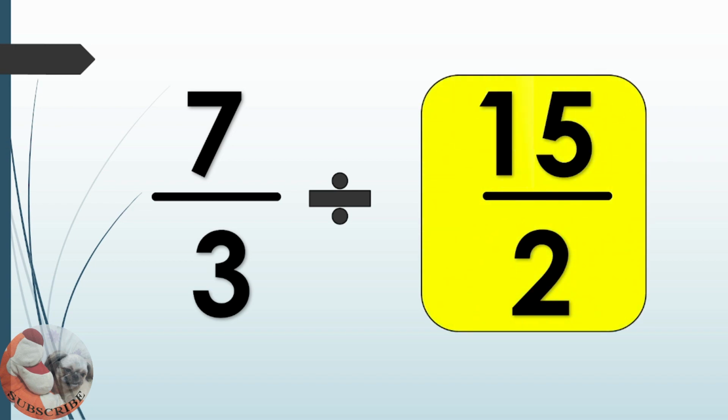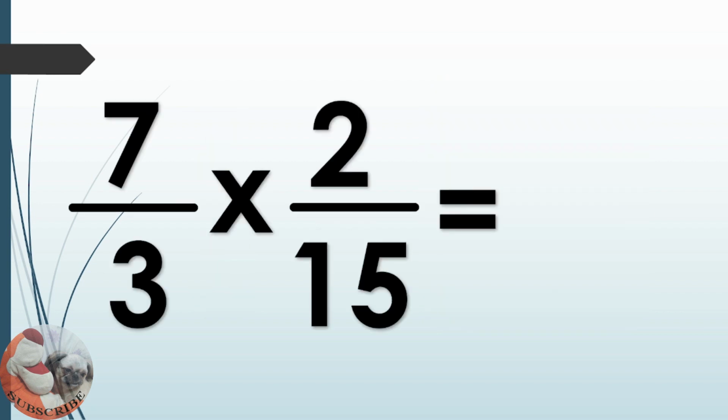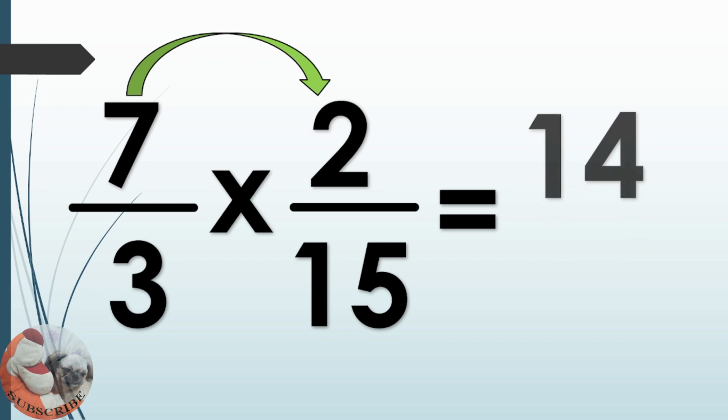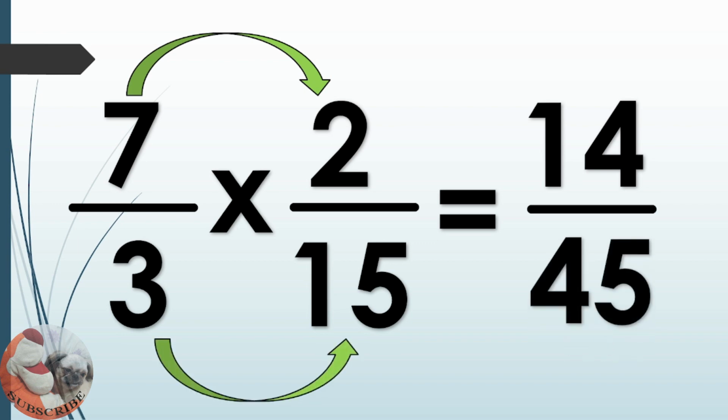Then take the reciprocal of 15 halves. It will become 2/15. Then division will become multiplication. Then multiply the numerator by the numerator. 7 times 2 is equal to 14. Then multiply the denominator by the denominator. 3 times 15 is equal to 45.